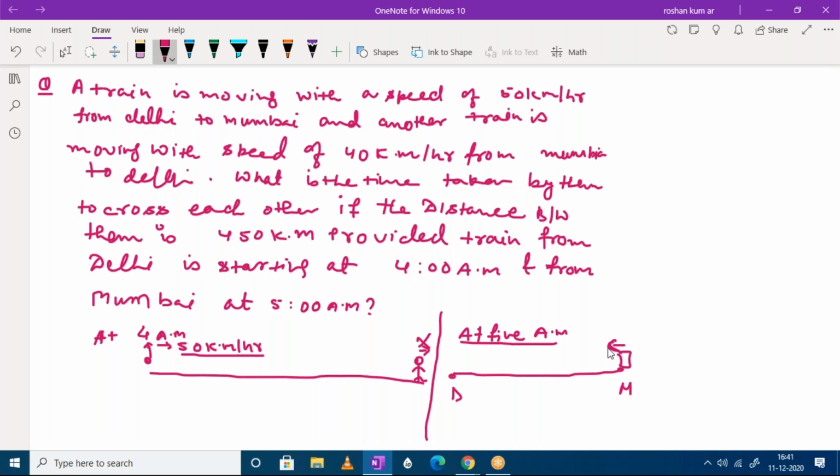What will happen to the train from Delhi? Will the train be here only, or would it have traveled some distance? I want your opinion in the chat box, guys. Quickly tell me.